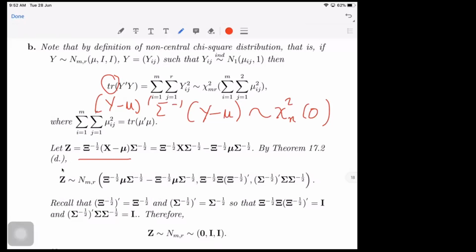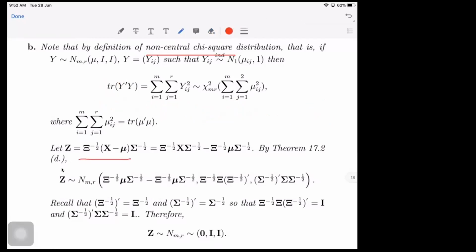So we look for the trace of y prime y. By definition, you have y normal, independent, then the trace of y prime y is chi-square. So actually, that will be your non-centrality parameter, the trace of mu prime mu.